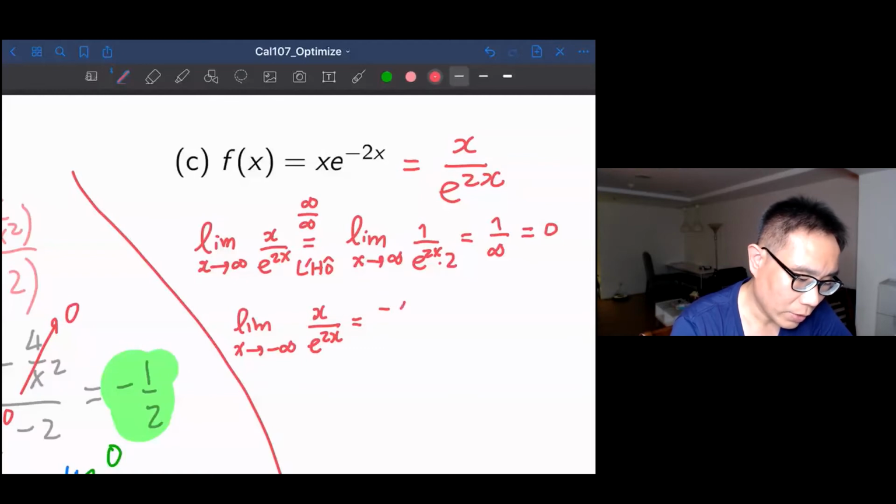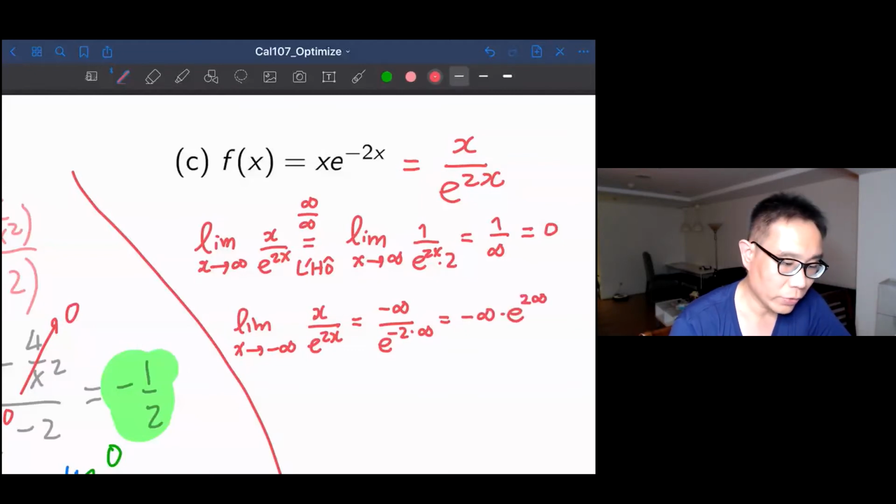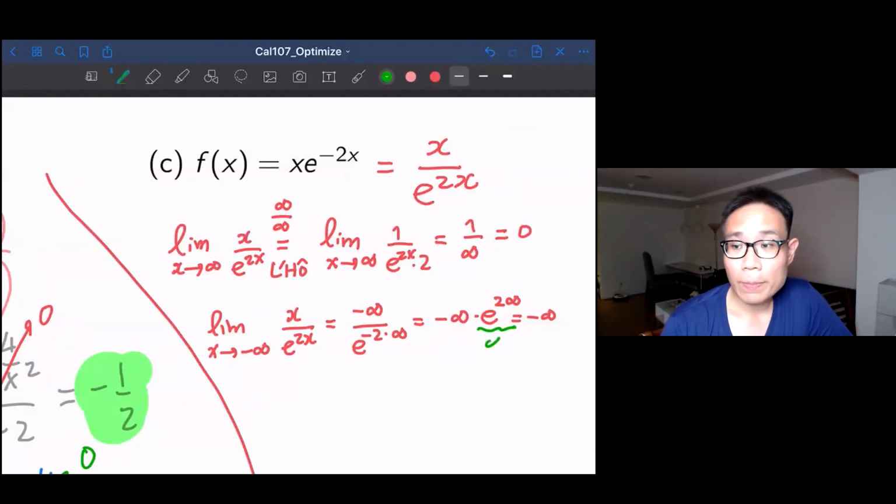You're going to get negative infinity on top, and e to the negative 2 times negative infinity on the bottom, so you get negative infinity multiplied with e to the 2 times infinity. This term turned out to be infinity.